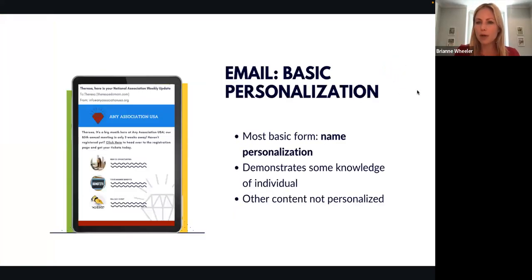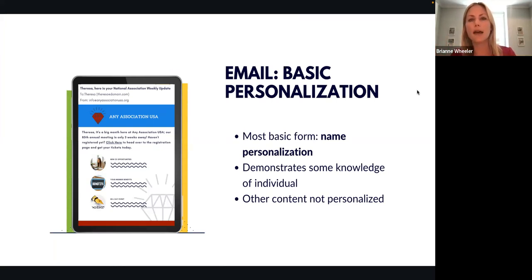So I'm going to go over first what we typically do with this information. When we think of personalizing the member experience, it can mean a lot of different things, but when it comes to raw data, we typically think of it in this format: I'm going to use it to A, segment, or B, put the data into a communication to make it more personal.